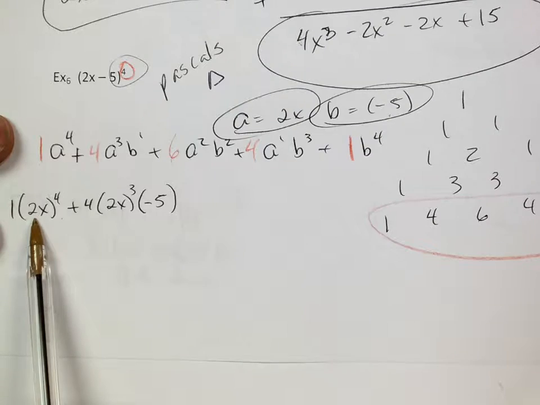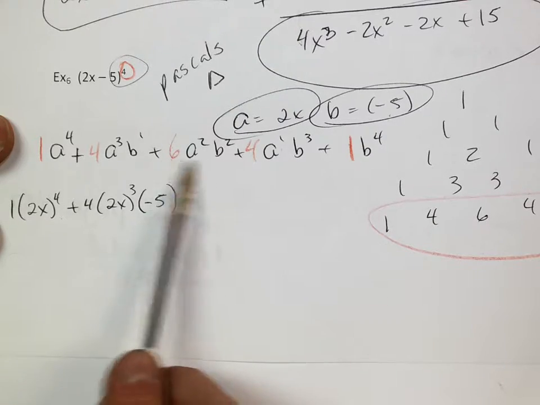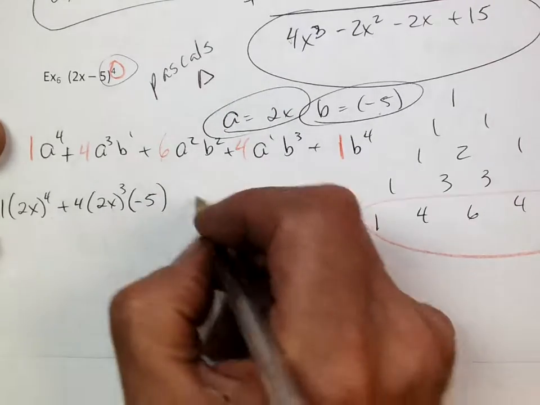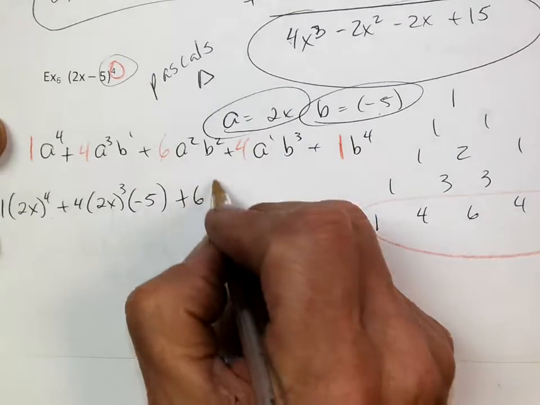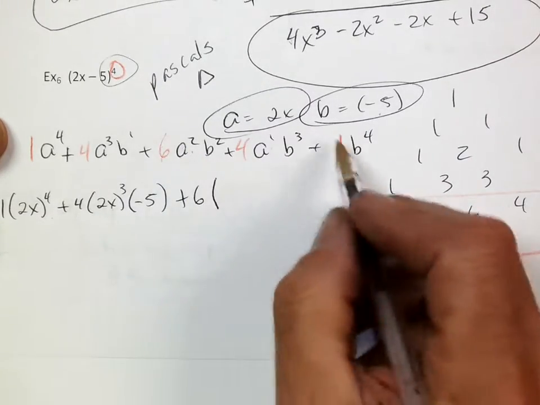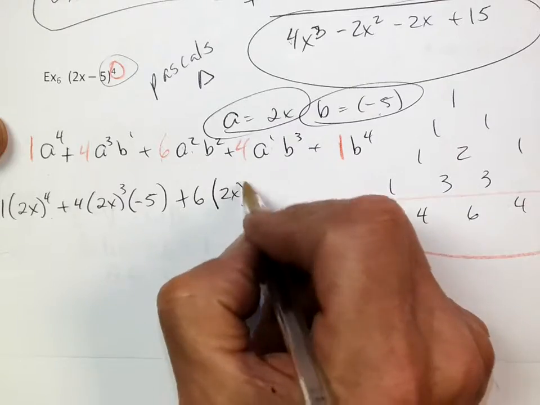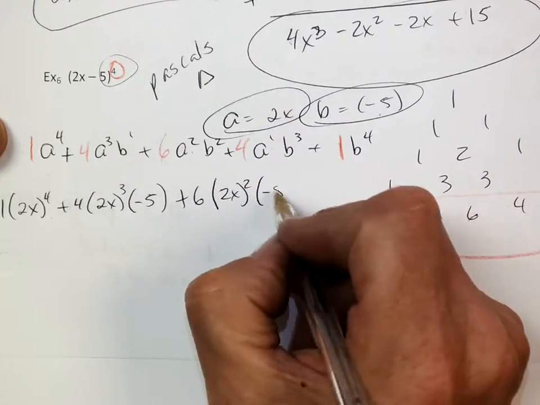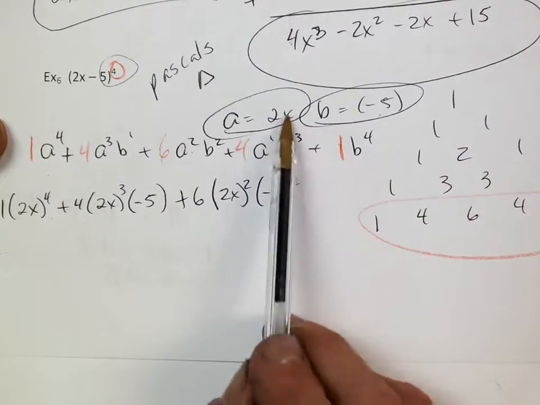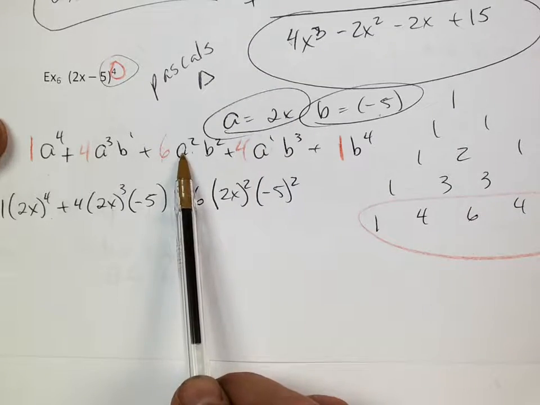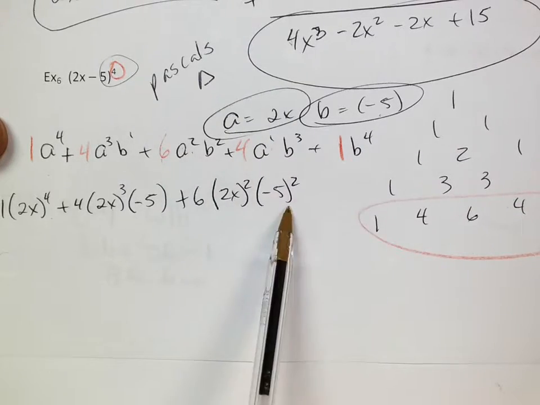Plus 6, put in my A is 2x squared. I'll put in my B, which is a negative 5 squared. So I put my A, which is 2x, into there, and I put my negative 5, which is B, into there, okay?